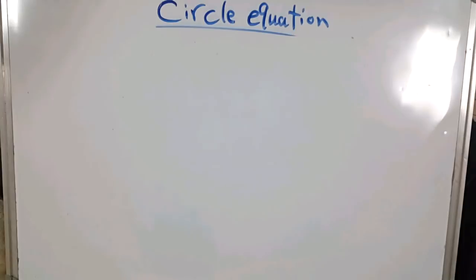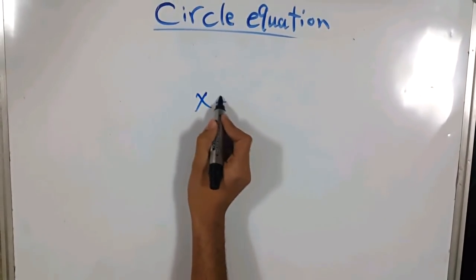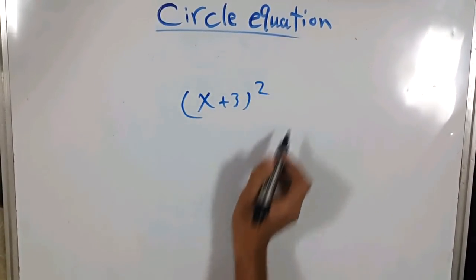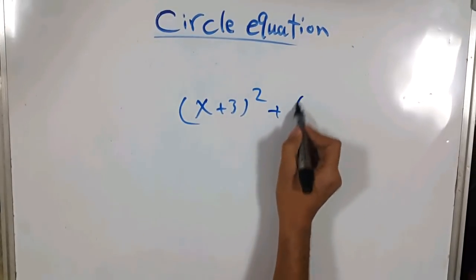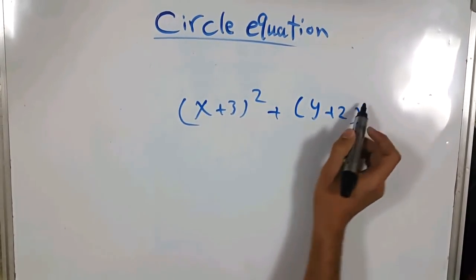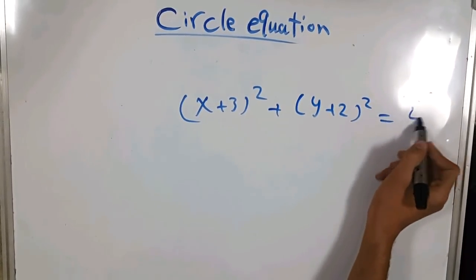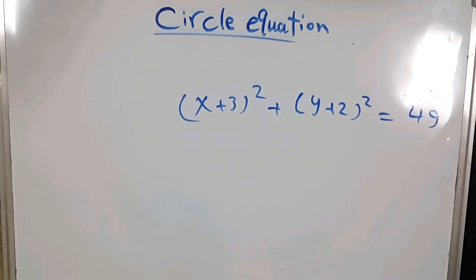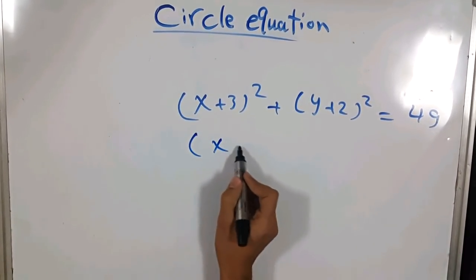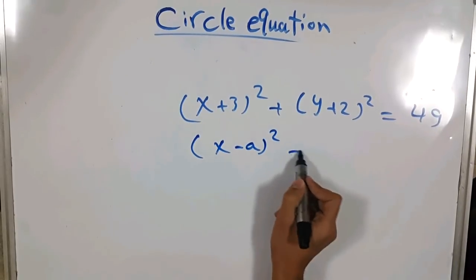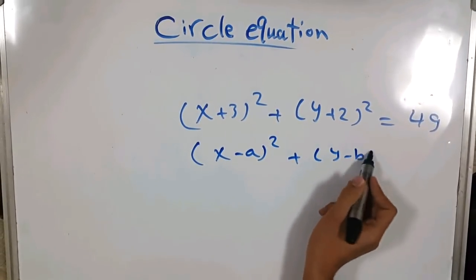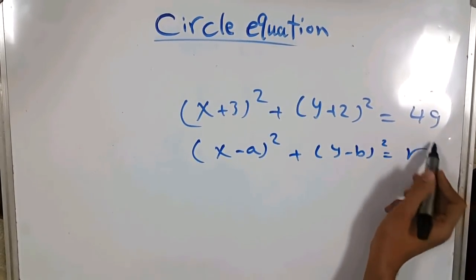Here it says (x plus 3) squared plus (y plus 2) squared equals 49. So here we'll also write the general formula of this equation: (x minus a) squared plus (y minus b) squared equals r squared.